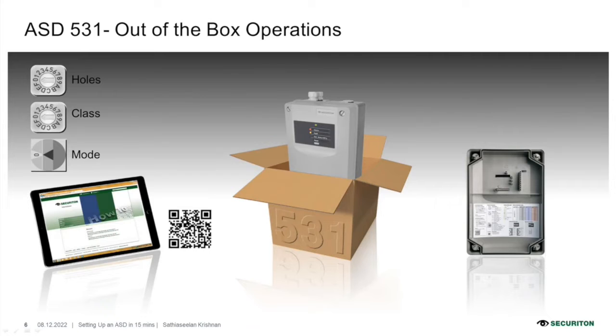And to be informed, there's only 3 main components that is needed for programming, which means you have the selections of hold, class, and the mode section. With those 3 buttons, it's easier to program the ASD, and you can commission it within less than 15 minutes for a typical data center or small application rooms that we're going to look into later.